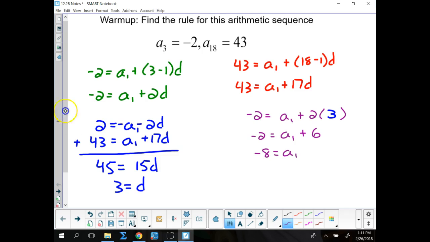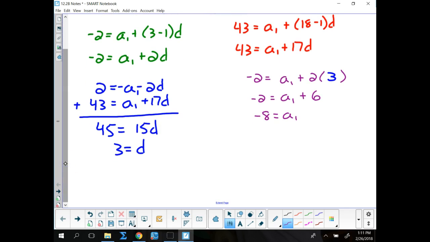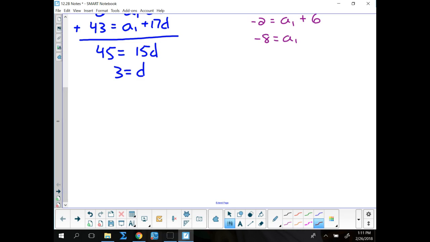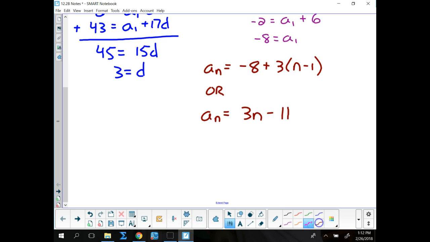Okay, so now we can write our rule. A sub n is equal to -8 plus 3 times the quantity n minus 1. Or A sub n is equal to 3n minus 11.